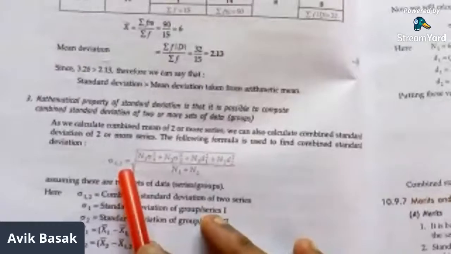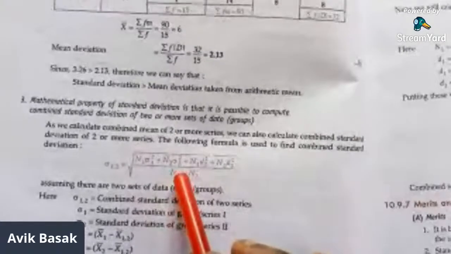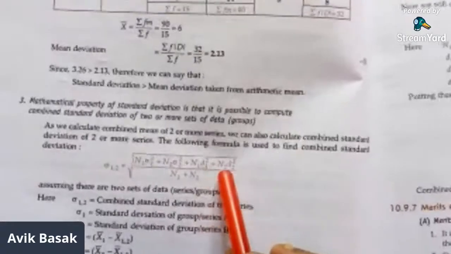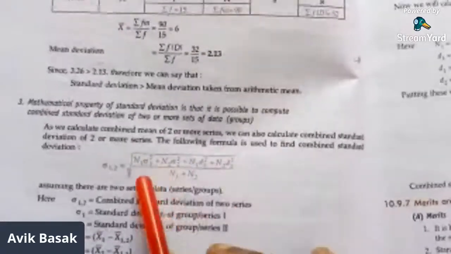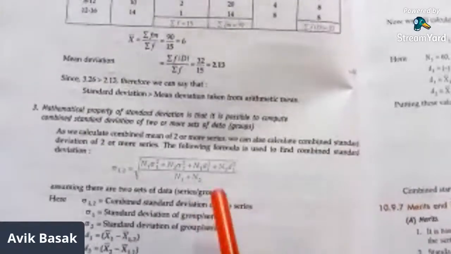SD of 1 and 2 equals root over N1 standard deviation 1 square plus N2 standard deviation 2 square plus N1 D1 square plus N2 D2 square, divided by N1 plus N2. This is the formula. If more sets of data are given, you will proceed in the same manner.